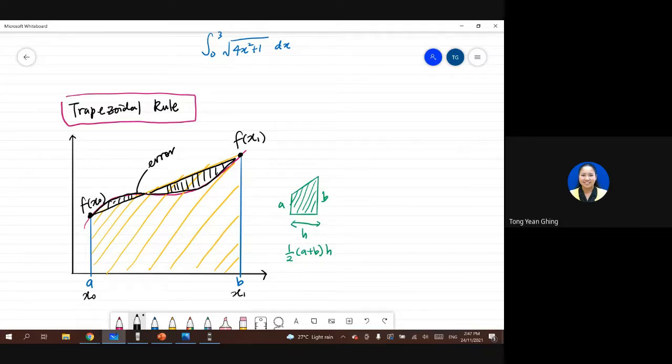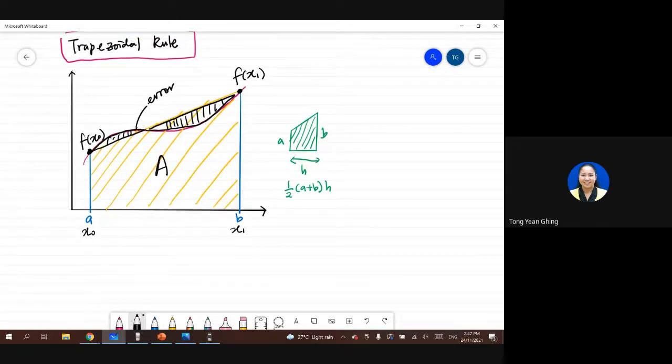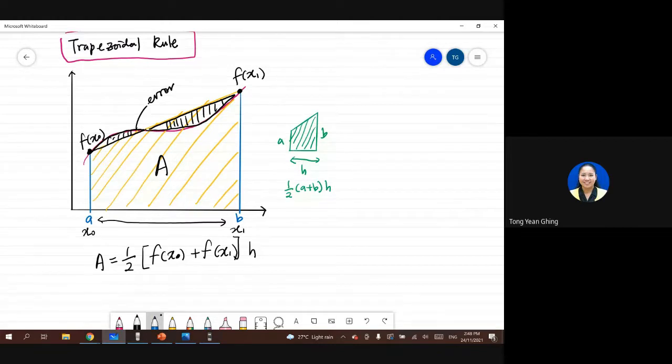We can divide this trapezium into several segments. So I will break it into several segments. When I want to find this area, let's say area A, the area is equal to f(x0) plus f(x1) times h. Here h is b minus a.